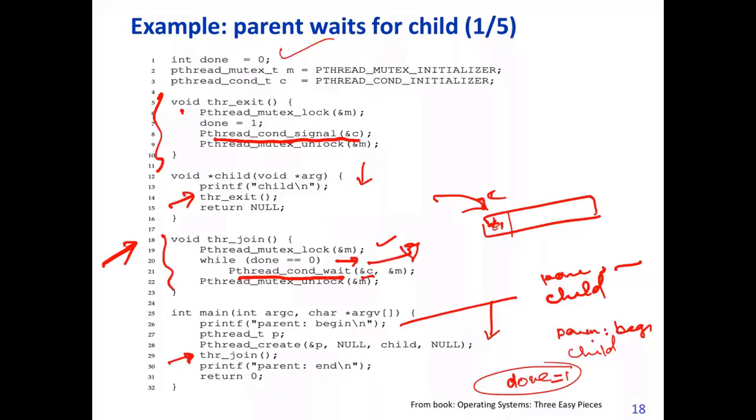Now the condition changes to 1, so it will come out of the routine. It means that now it will unlock the mutex and then print parent end. So the third thing that will be printed is parent end.